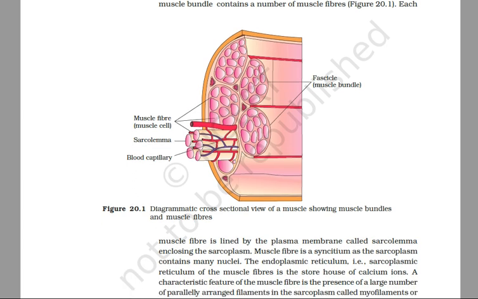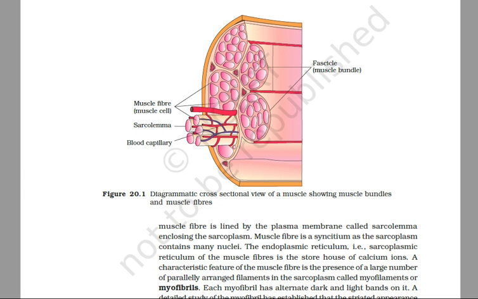Now each myofiber, or you can say each myocyte, contains many long cylindrical structures called myofibrils, which are basic structural units of skeletal muscles. Therefore, myofibril forms the functional unit of the muscle.